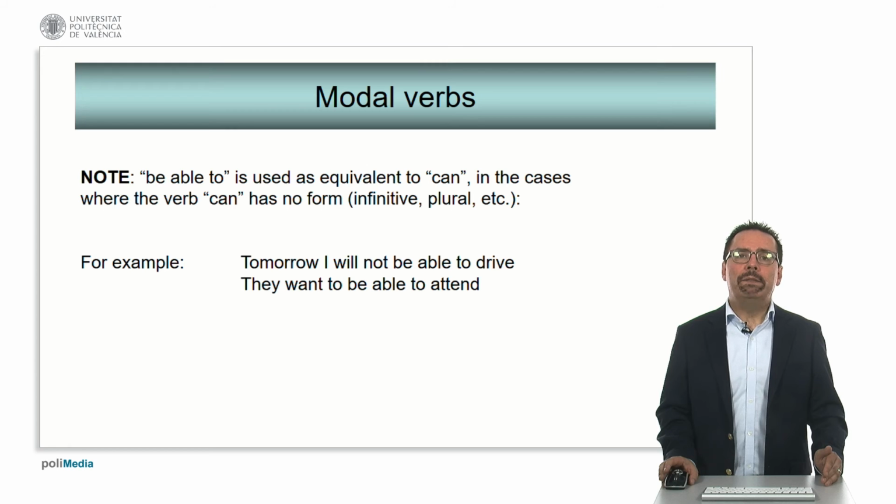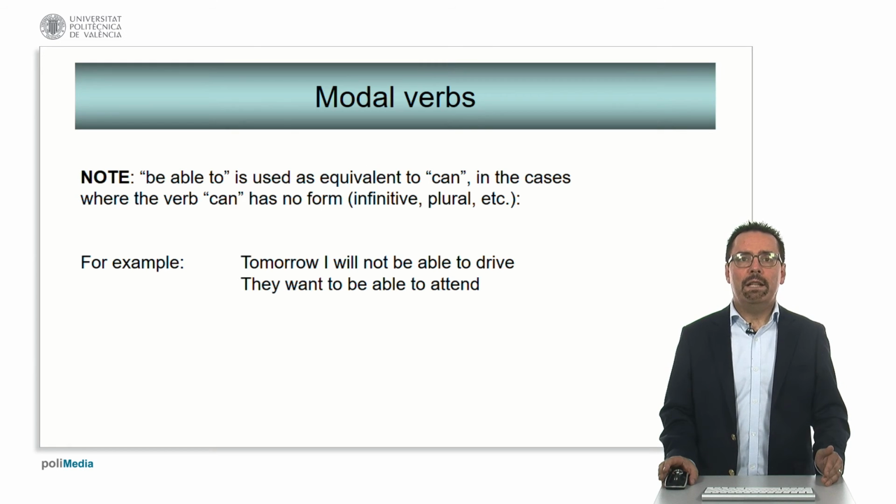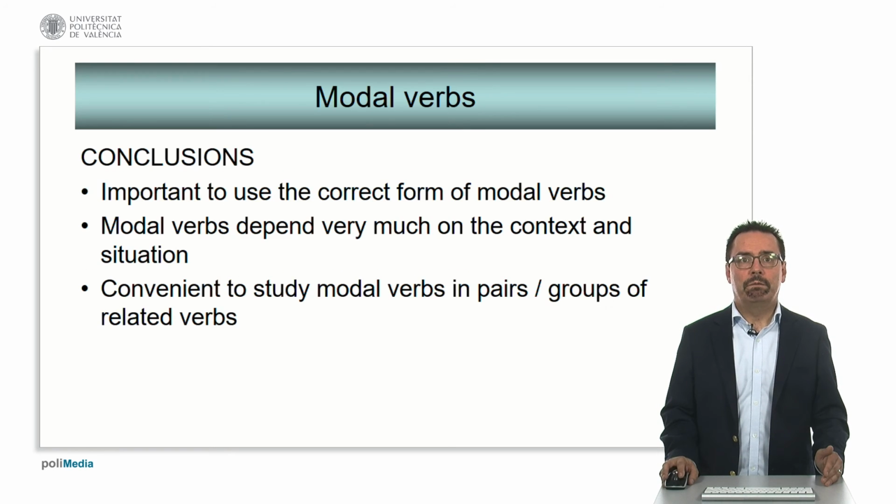There's a typical mistake in English language learners to use can with an infinitive form. It doesn't have an infinitive form or plural form. In these cases, we have to use be able to, as in the examples.